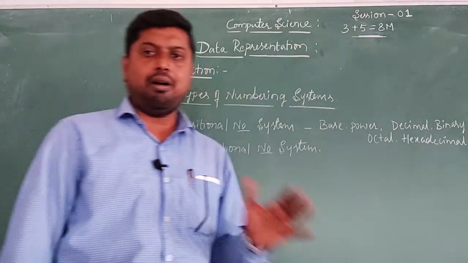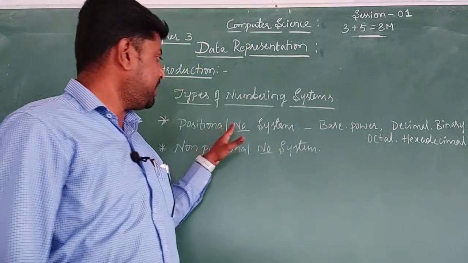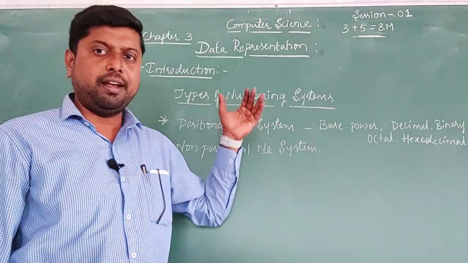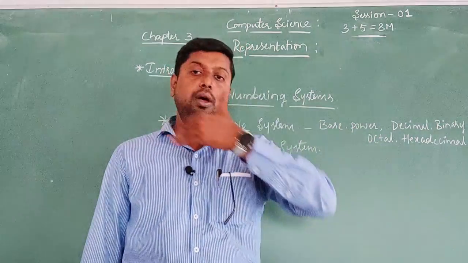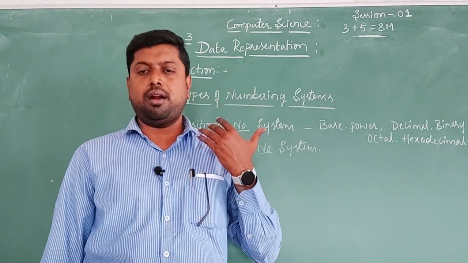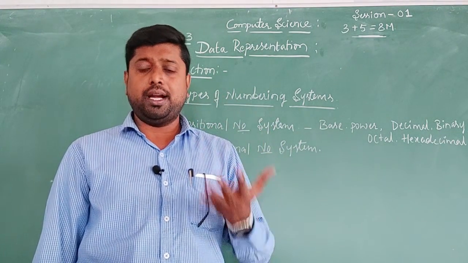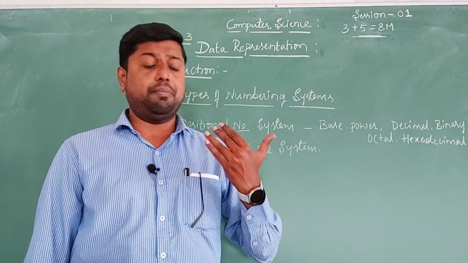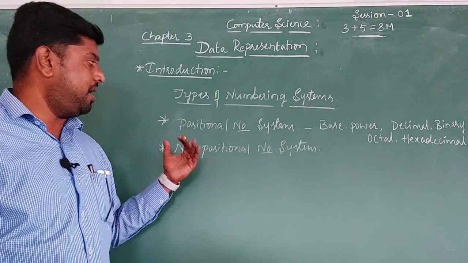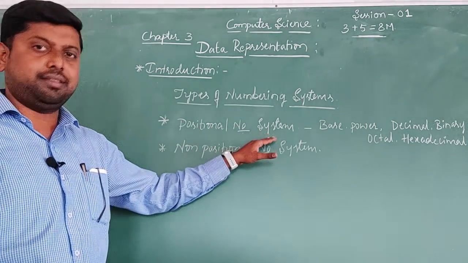These are the positional numbering systems. Later we will discuss how the decimal and binary numbering systems are used for calculation purposes and how these numbers are calculated. Everything we'll discuss later, but here we come to know what a positional numbering system is.